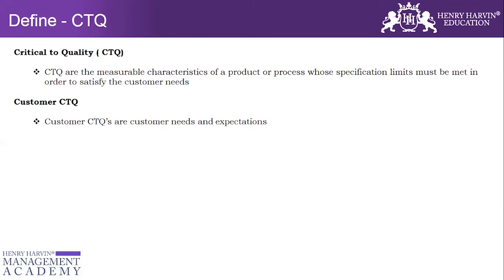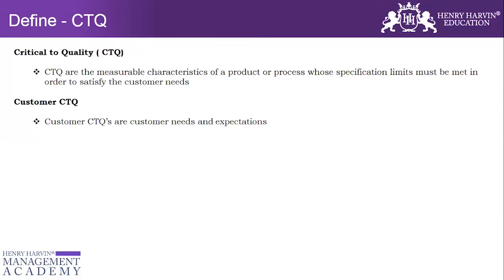Okay, so that is a specification. If the customer says I want the services to be 100% quality, that's a specification limit. So without the specification limit, we will not be able to define that this is a critical to quality.